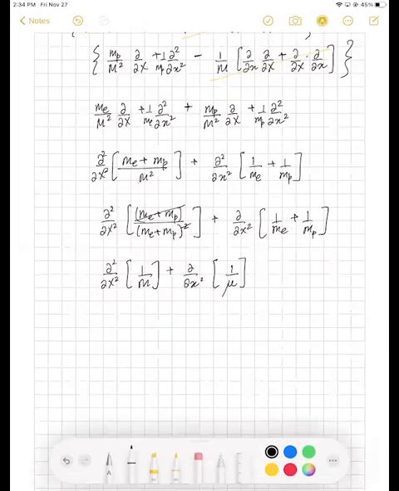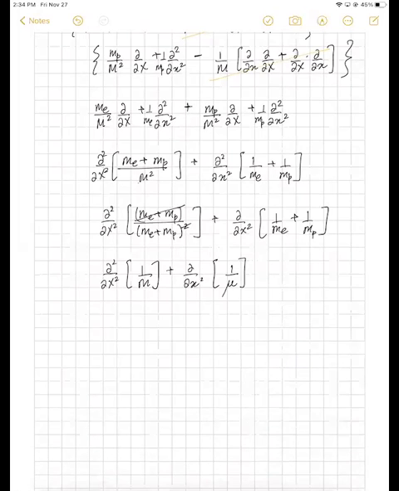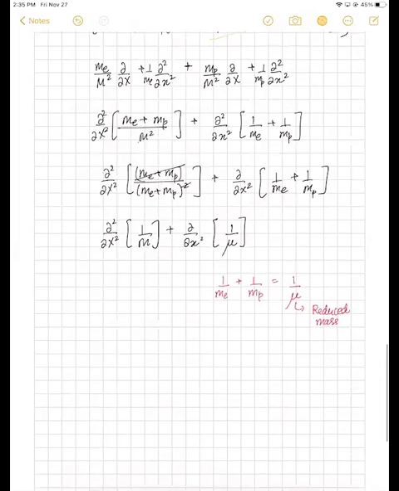So we've just defined, just so I can write it in a smaller way, 1 by me plus 1 by mp, to save some space, as 1 by mu. And this mu is called the reduced mass. So nothing fancy here. We just wanted to make this a little bit more compact. And so we defined another variable called the reduced mass.